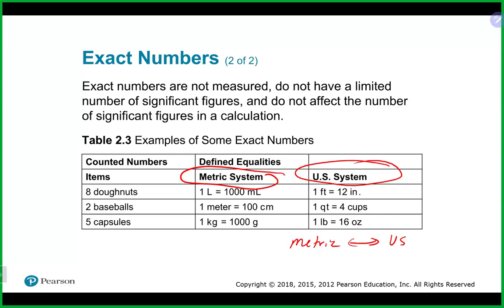So that's the only time you got to kind of worry about it. There are a couple that are considered still an exact conversion, even though they're English to metric. The most common one is 1 inch is exactly 2.54 centimeters. Even though that is an English to metric conversion, it is considered an exact conversion.